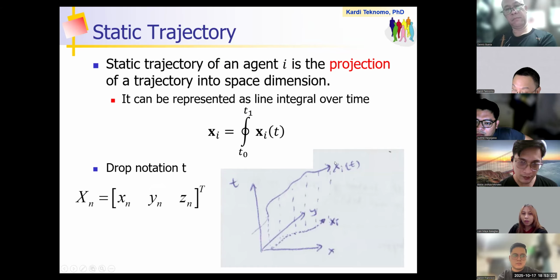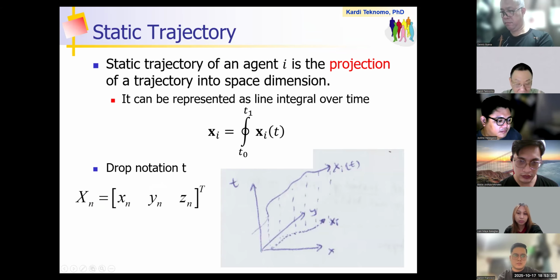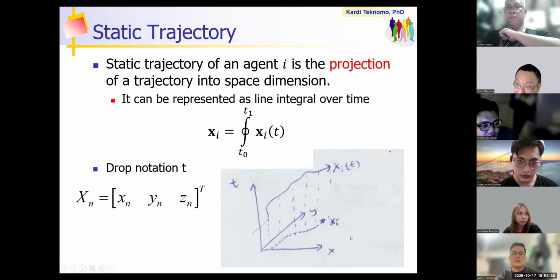And then over time, at different times. But because I remove the time, I put them down here, the projection into the space, in this case 2D space. If you have 3D, then you have 3D space.